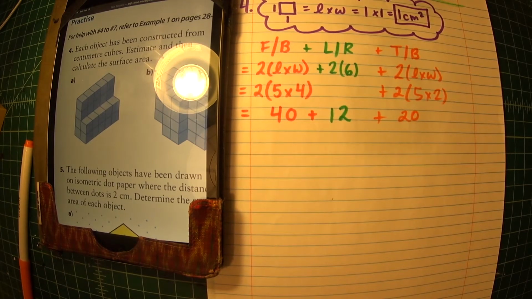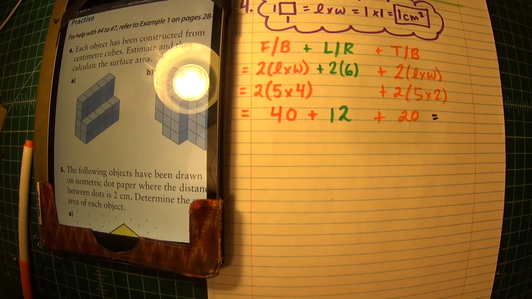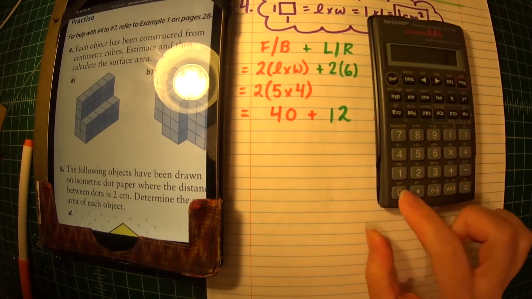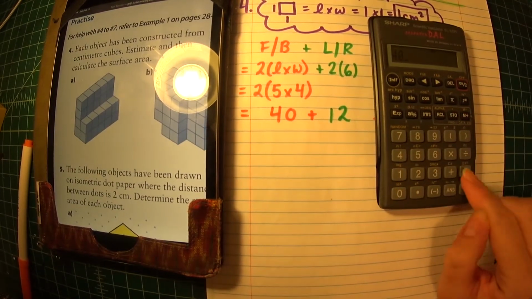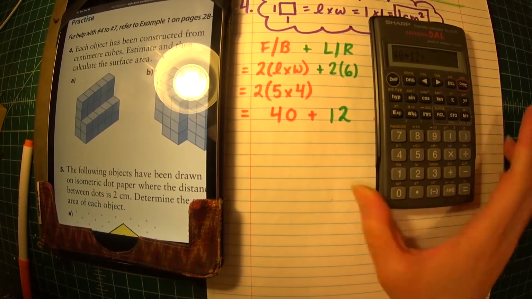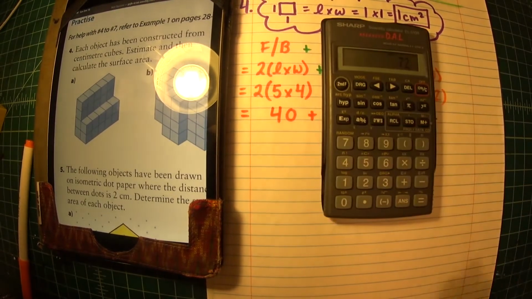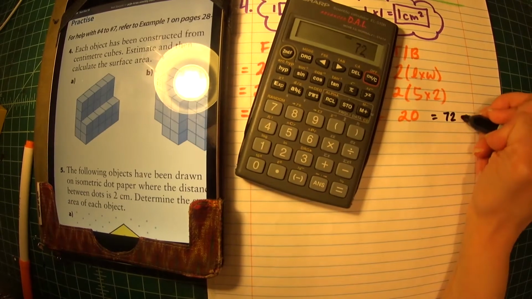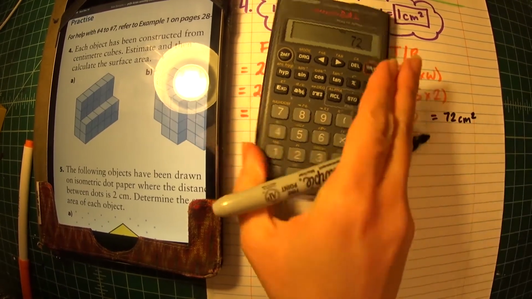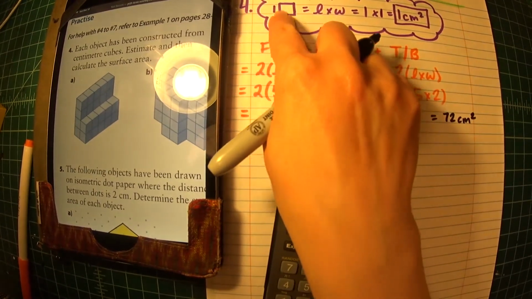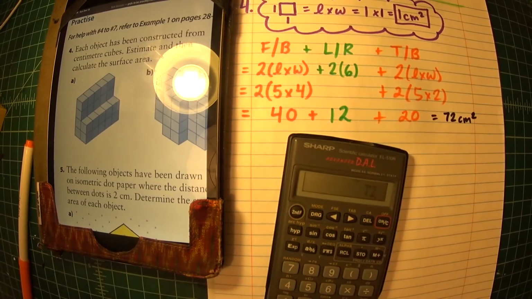So my last step is to add them all up. 40 plus 12 plus 20, grand total 72 centimeters squared, because we are talking about 1 centimeter by 1 centimeter units.